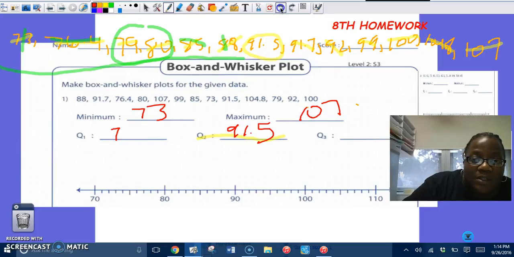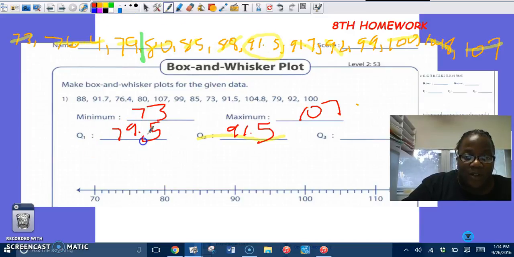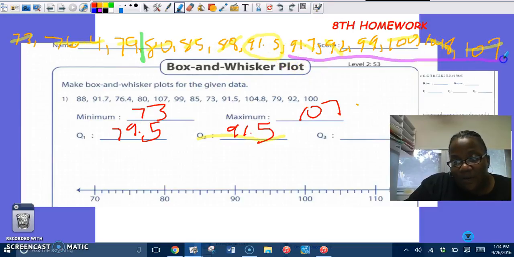Okay, so now let me clear that up a little bit. Middle was right here, 79.5. Okay, so now we're ready to do the other side. So that means we're going for here, down.